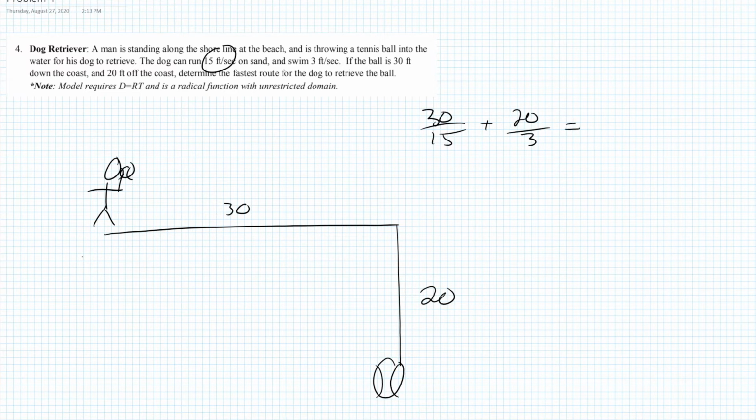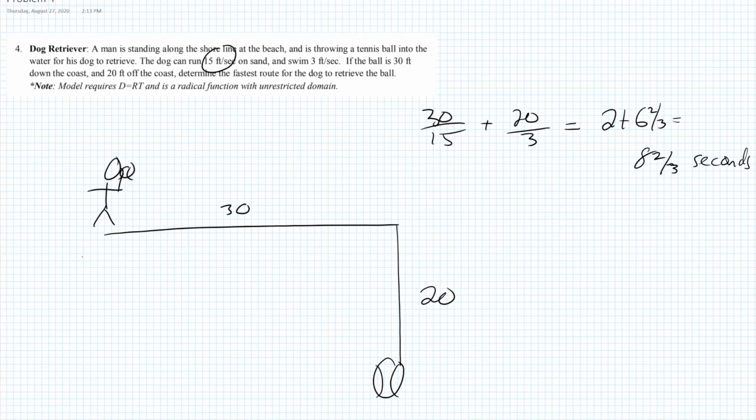So if he goes that kind of extreme path, that's going to be 2 plus 6 and 2/3, which is 8 and 2/3 seconds. That's pretty quick, but there may be a quicker way.